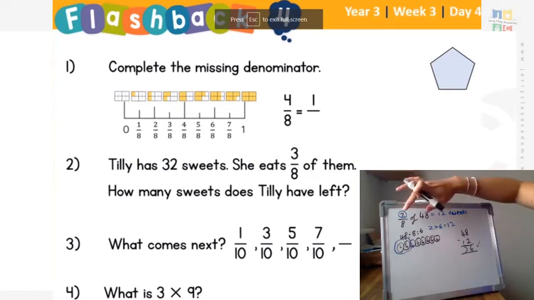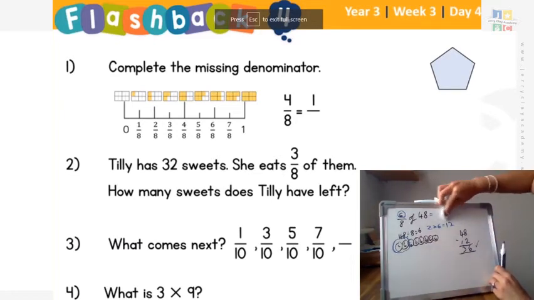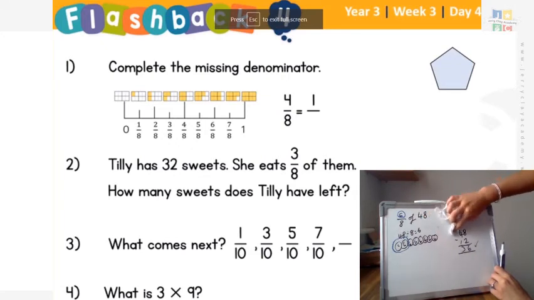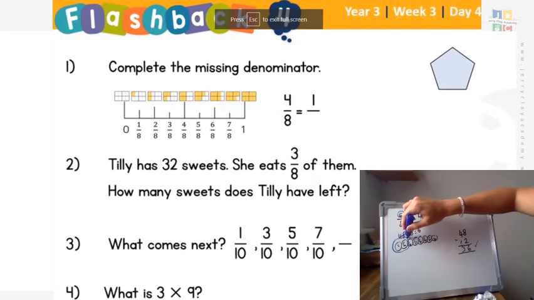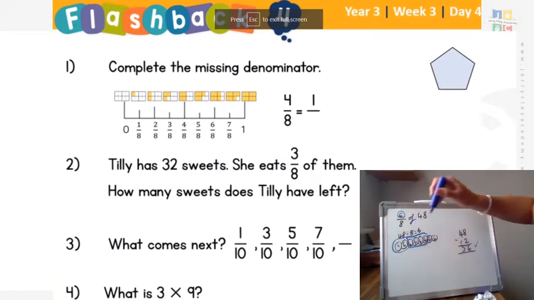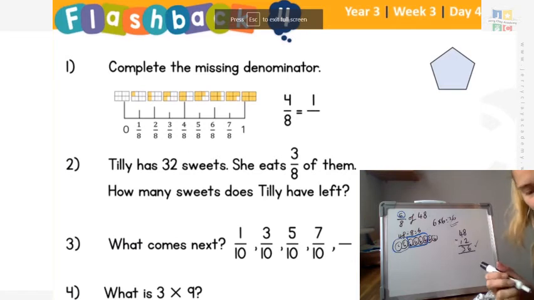So if I change this now and I write I want to find 6/8 of 48, I have done the same working out, but instead of finding for 2 parts, I want to find it for 6 parts. So I could do 6 times 6 equals 36. So you get the same answer. So whichever method you chose doesn't matter as long as you have found the correct answer.